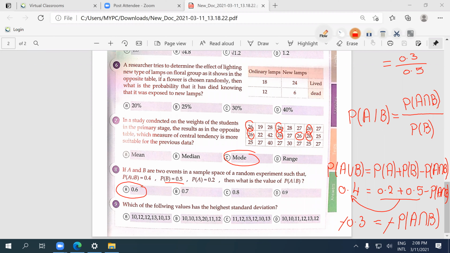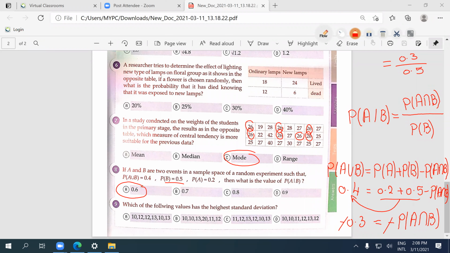The last problem: which of the following values has the highest standard deviation? We said that the standard deviation is one of the measures of dispersion. It means we use these measures to get the outliers or the extreme values, which are satisfied in letter B, because in letter A all the values are from 10 to 13, so they are very near.